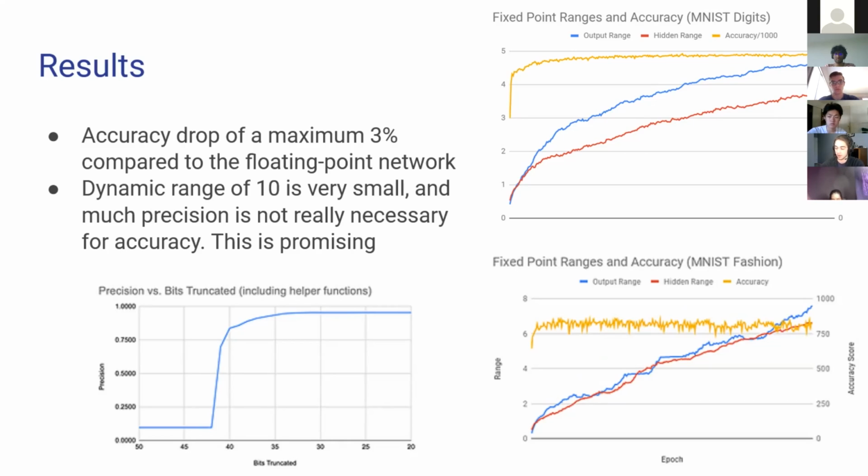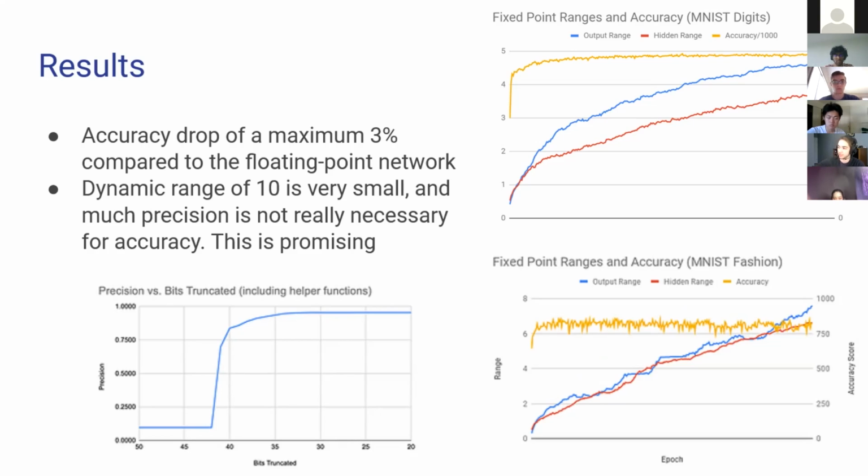And as it turns out, truncating up to about 39 bits off of a floating point maintains most of the accuracy of the model. So we don't actually need most of our precision. And that was an immensely promising factor of our testing.